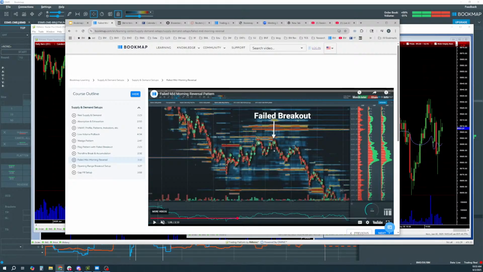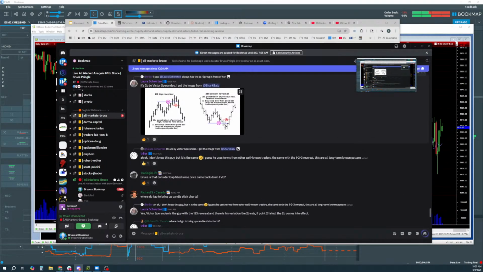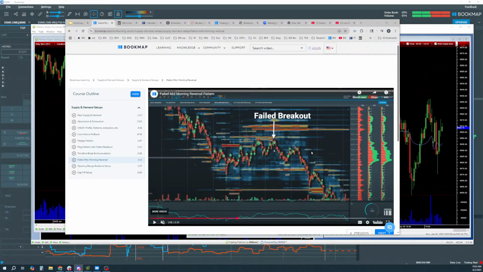So the buyers try. Okay, everything's looking good. They make leg one, they can't make leg two. And this relates back to what Laura is talking about right in here. I kind of covered it a little bit differently. Is this a Wyckoff spring, basically?